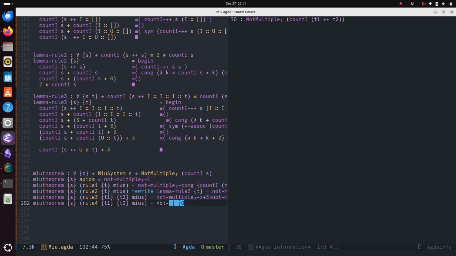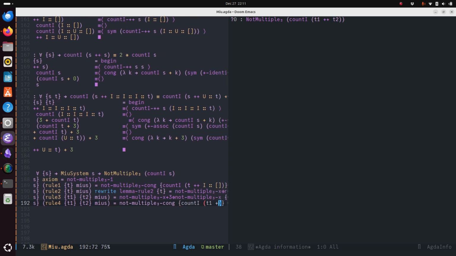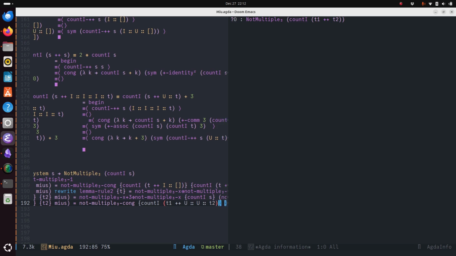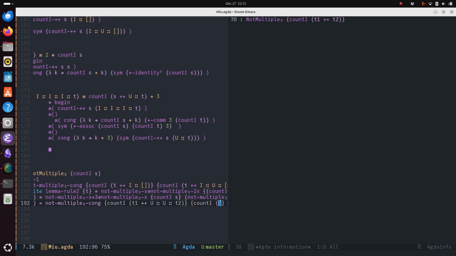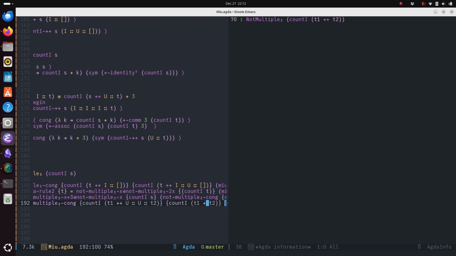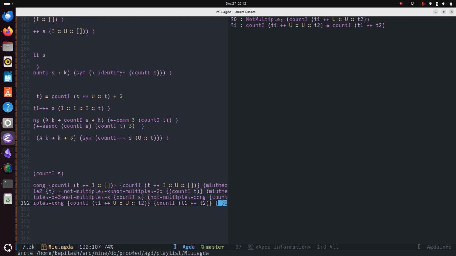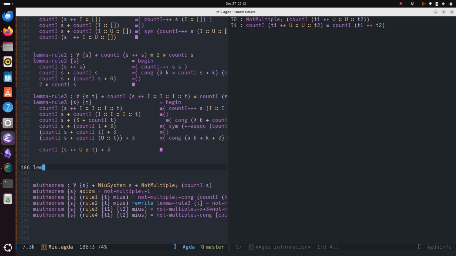Again, we'll use the congruence here. So let us introduce a lemma. Lemma rule 4.